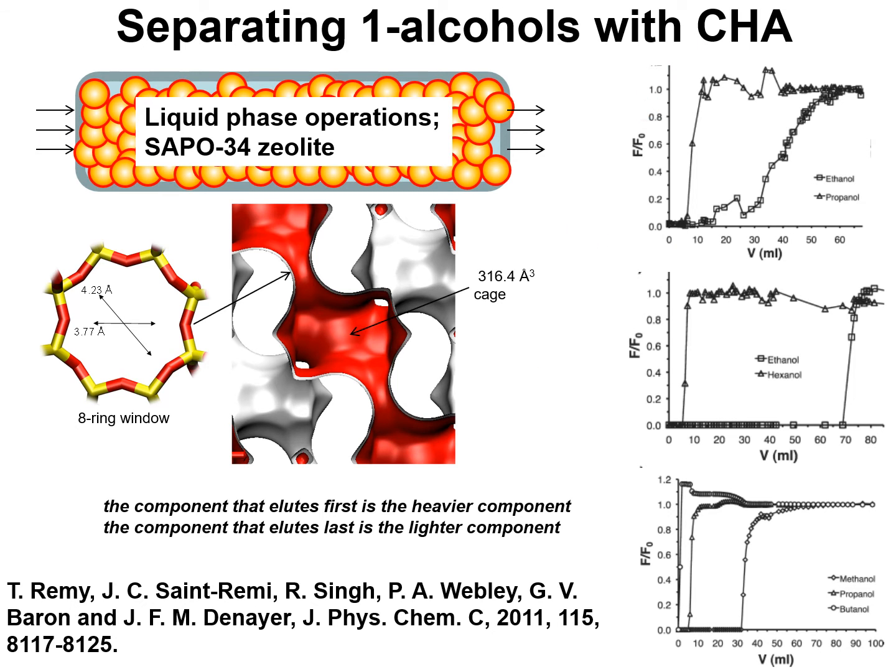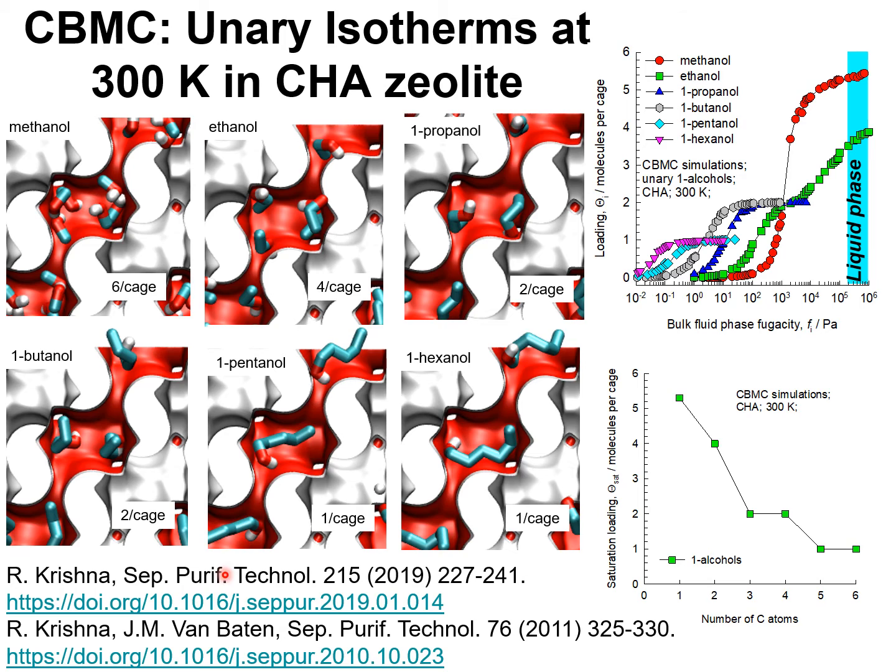in Chabazite zeolite. Let's first look at the unary isotherms of methanol, ethanol, 1-propanol, 1-butanol, 1-pentanol, and 1-hexanol in Chabazite zeolite. These unary isotherms were determined from configurational bias Monte Carlo simulations.